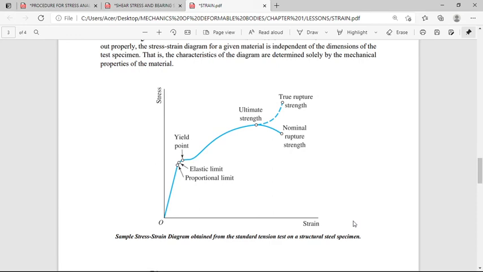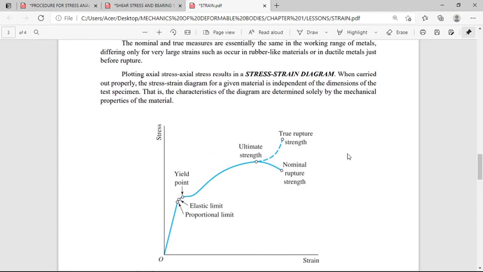Ito na yung sinasabi ko kanina. Kapag na-perform mo properly, the stress-strain diagram for a given material is independent of the dimensions of the test specimen. The characteristics of the diagram are determined solely by the mechanical properties of the material.